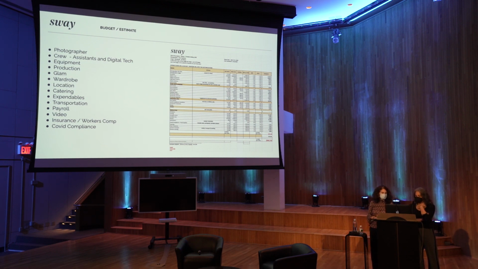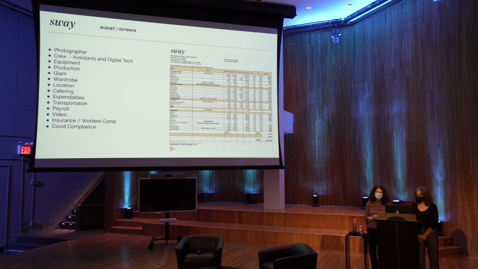So on the left, you'll see all of the things that you have to take into account, and sometimes more things than this, but this is a good starting list. When you look at a total number, you have to figure out how you're going to get people, what crew you need, make sure your crew is paid well, how you're going to get people to the locations, how you dress the locations, who the models are, insurance, COVID compliance, feeding everybody, very important.